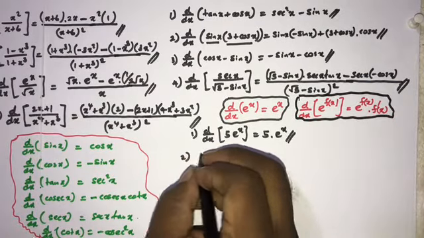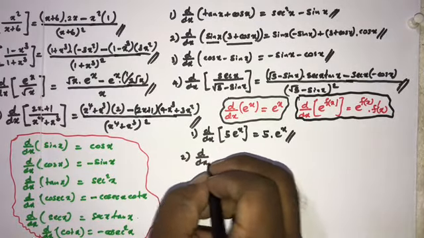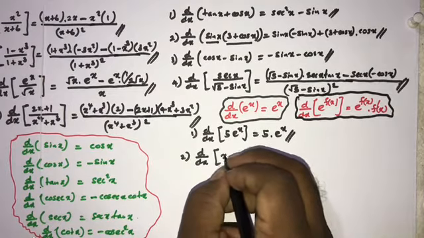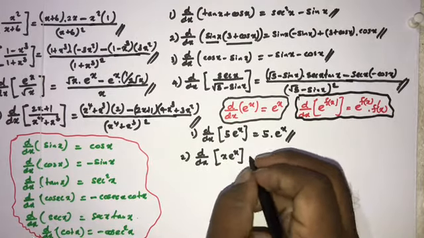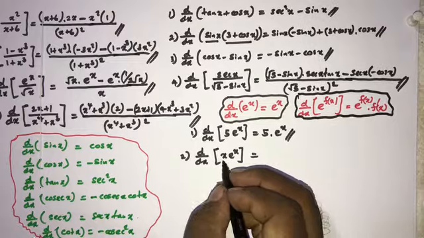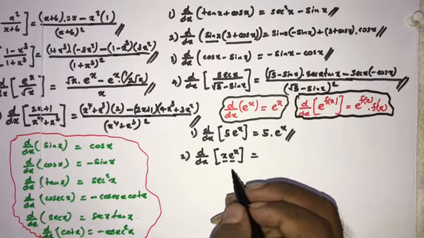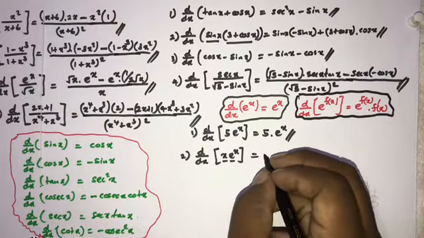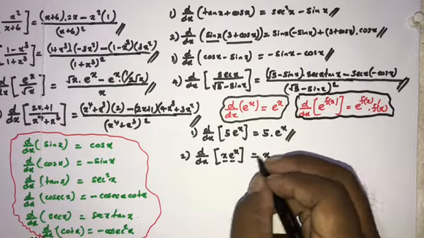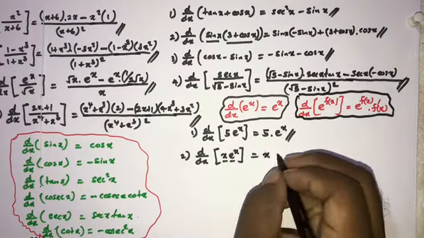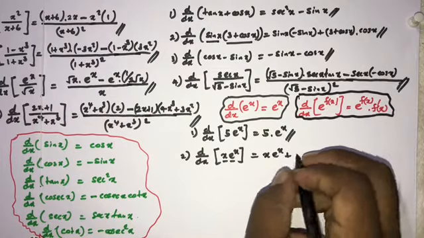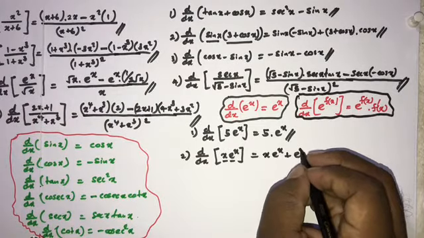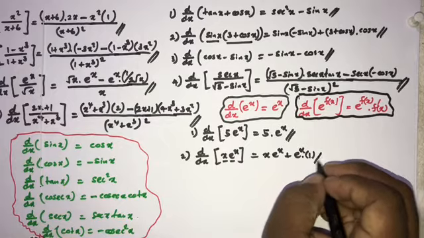Then second example, the derivative of x times e to the x. Okay, then here we have a product of two functions. So we know if we have a product of two functions, we should apply the product rule. So here rewrite the first function, then the differentiation of the second function, so e to the x, plus rewrite the second function e to the x, the derivative of x, so 1.